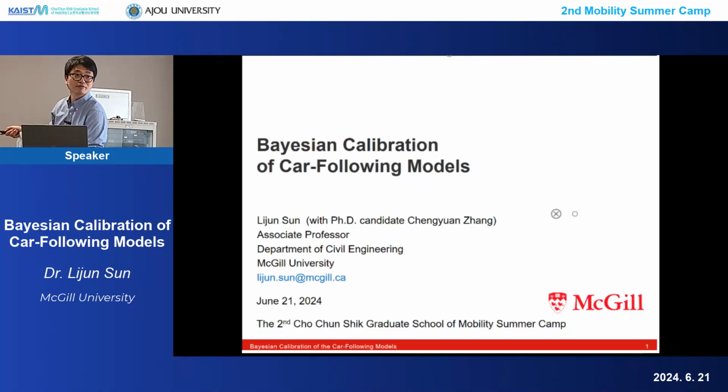If I want to use this model to simulate car-following behavior, the only requirement is that in memory I need to save not only the current information, but also what I have in the past 1 second, 2 seconds, 3 seconds.